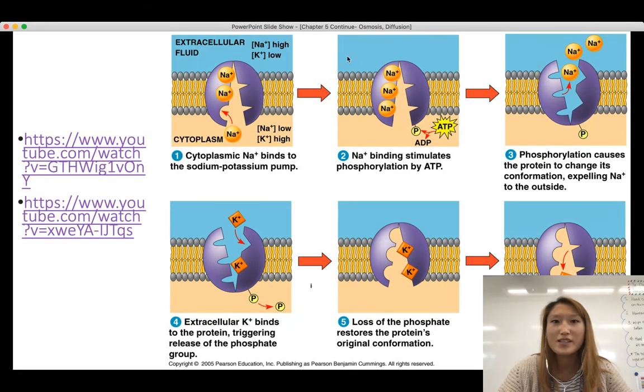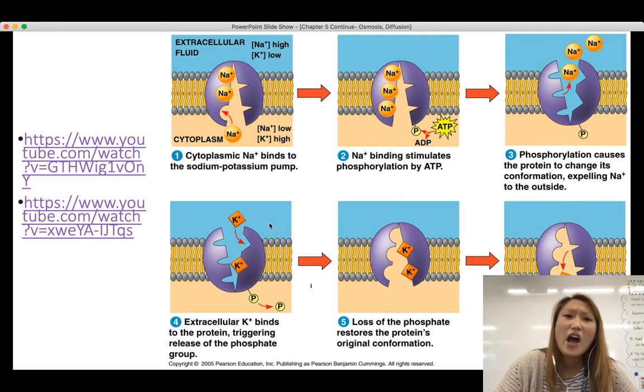So it's pumping the sodium out of the cell, and then it will also pump potassium ions into the cell. So then what it's doing is setting up this concentration gradient of high potassium ions inside the cell and low potassium ions outside of the cell, and the opposite for sodium. So it's active transport in both ways.